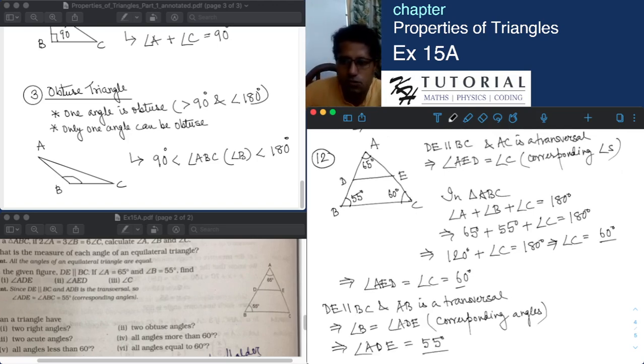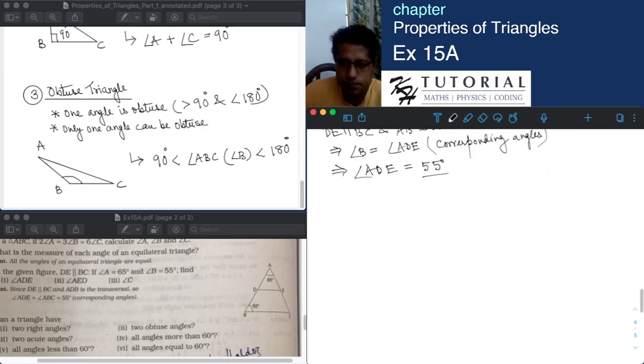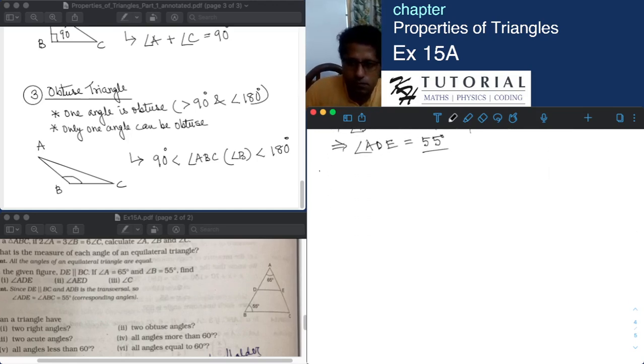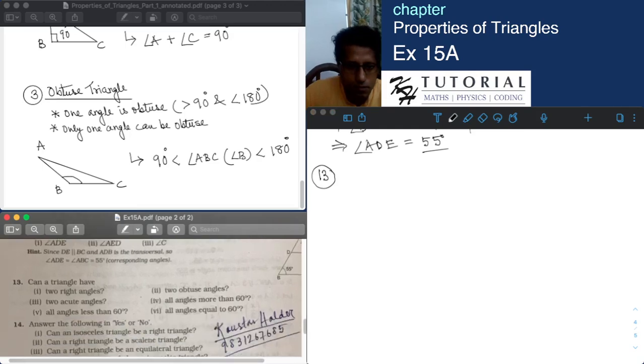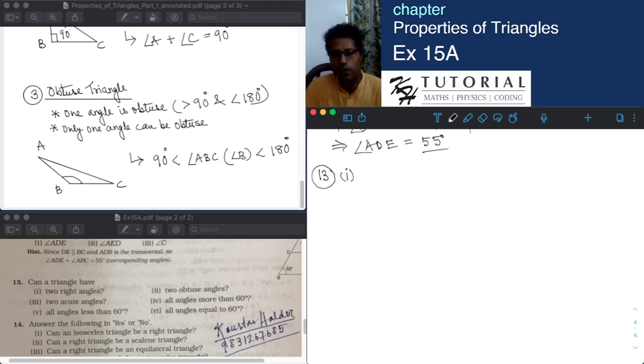Okay, let's do problem number 13. There are multiple parts. Can a triangle have two right angles?